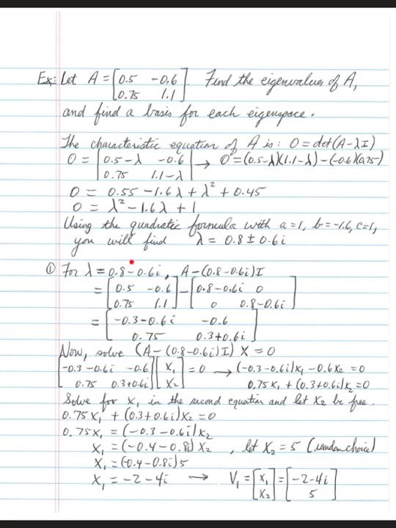If you take the eigenvalue with the minus sign, matrix A minus lambda times the identity, subtracting the same positions, 0.5 minus 0.8 is negative 0.3 minus negative 0.6i.